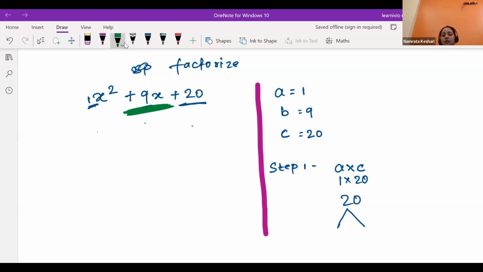Factorize it. So 5 into 4 is 20. But check it. The numbers which you are using, either added together or subtracted together, should generate your middle term. If it is generating, then you can take those two factors. Otherwise, you have to reject it and think about the other factors.